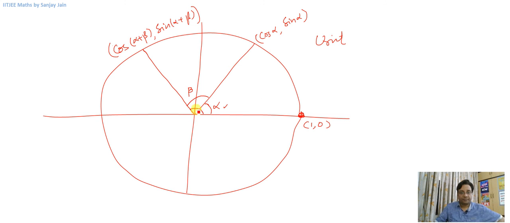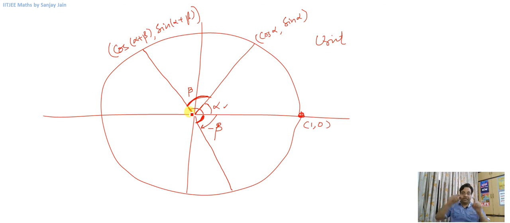Right? Now this much angle, this angle beta, I am cutting this angle on the negative side. So I'll write it as minus beta, because I am taking it in the clockwise sense. So the absolute value of this angle, or the opening between these two rays, is going to be the same as this opening, right?